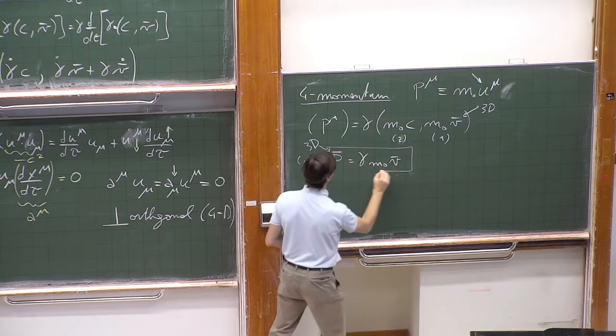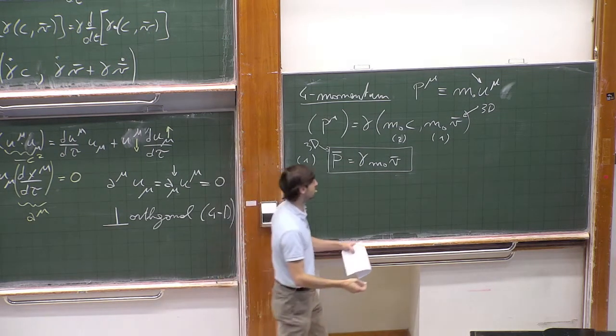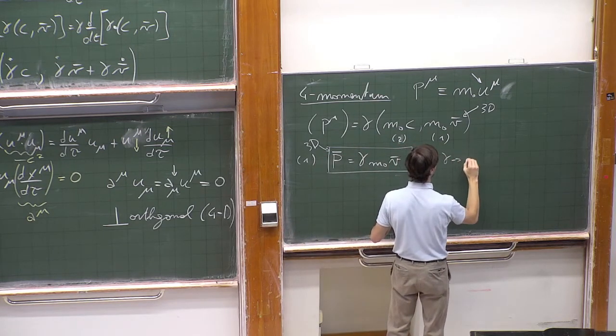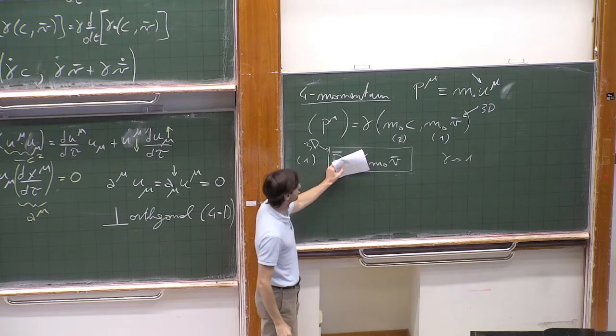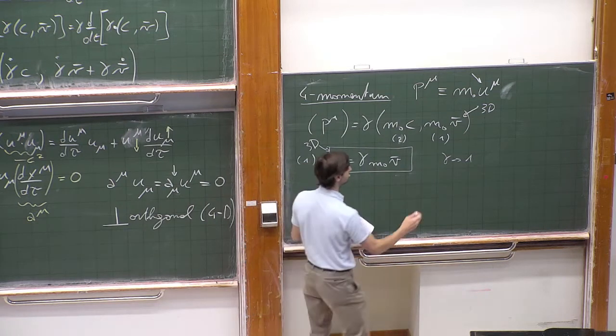And the interpretation is direct. If we go to the non-relativistic regime, gamma becomes 1, and we get the standard momentum, M0 v.